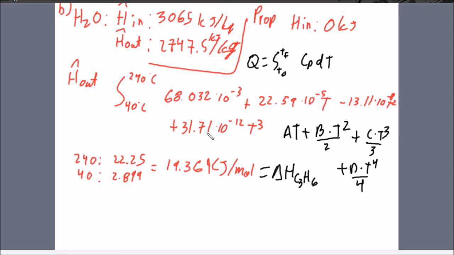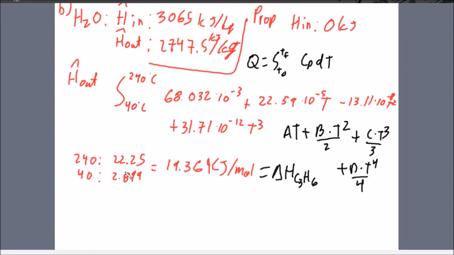Okay, so now you would integrate this, so you get this 68.032 times 10 to the negative 3 times T. You plug it in with 240 first, and then you plug it in with 40 degrees Celsius. Then you do it for each term, and you should get these two numbers for the entirety.